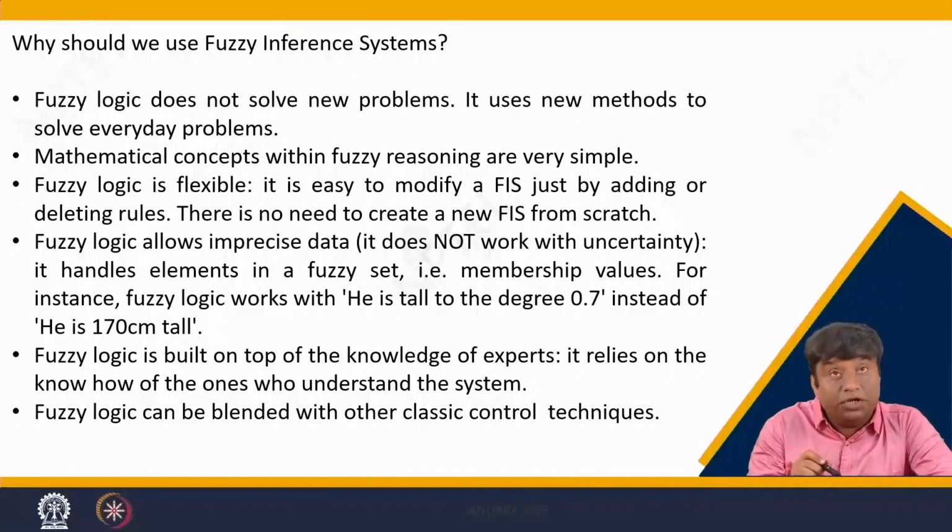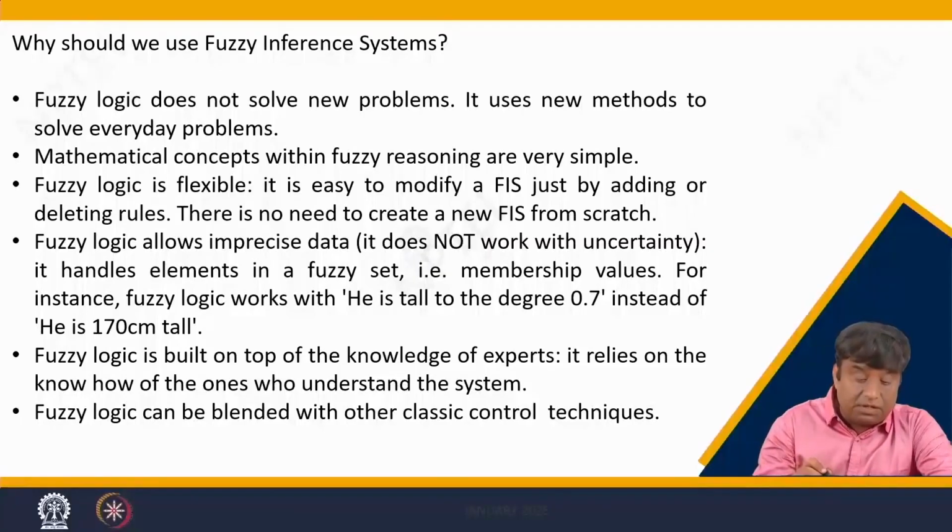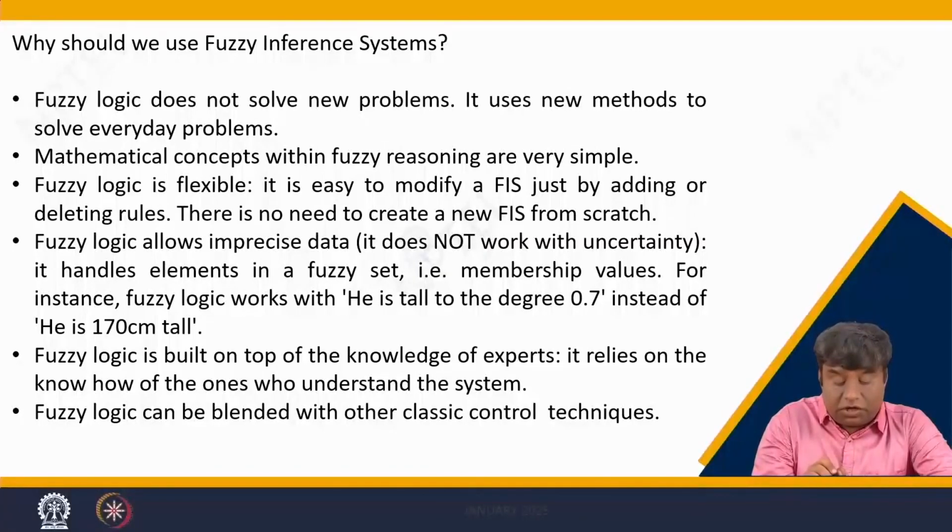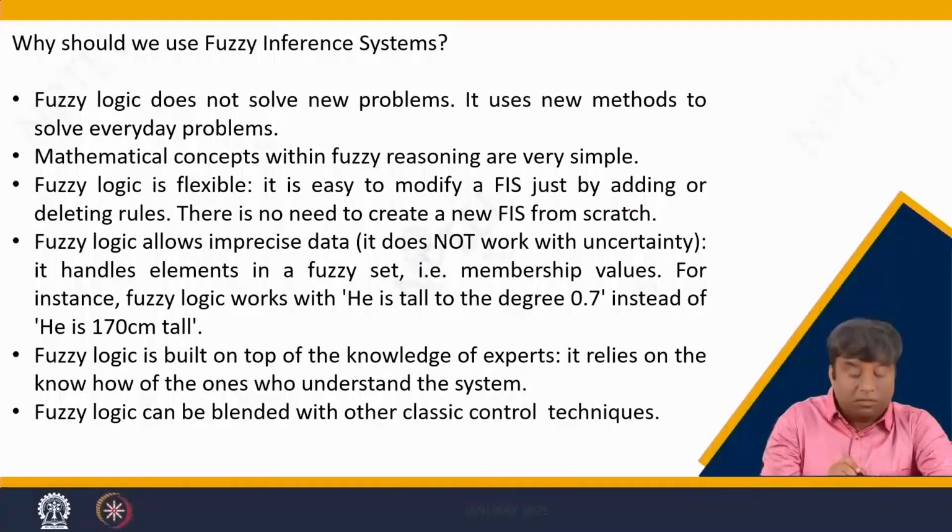So why should we use fuzzy inference systems? Fuzzy logic does not solve new problems; it uses new methods to solve everyday problems. Mathematical concepts within fuzzy reasoning are very simple. Fuzzy logic is flexible. It is easy to modify a fuzzy inference system just by adding or deleting rules. There is no need to create a new FIS from scratch.